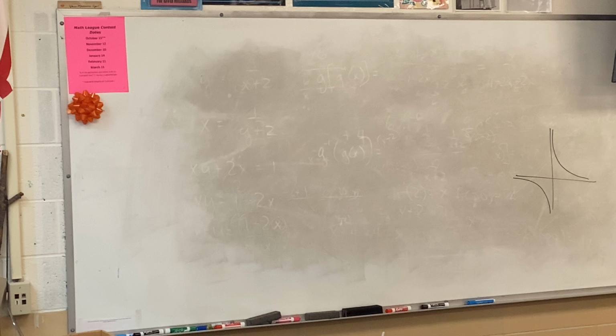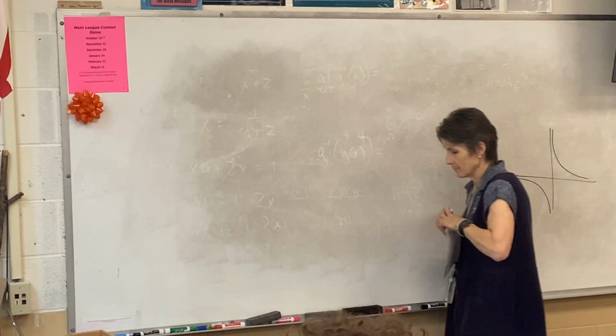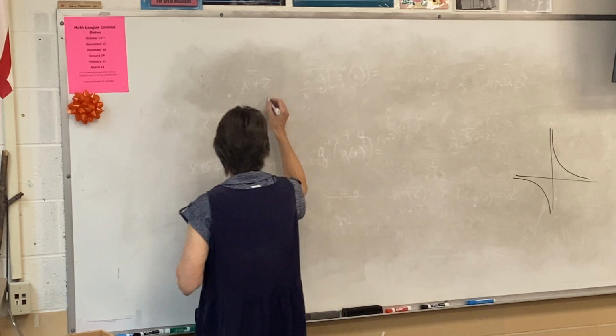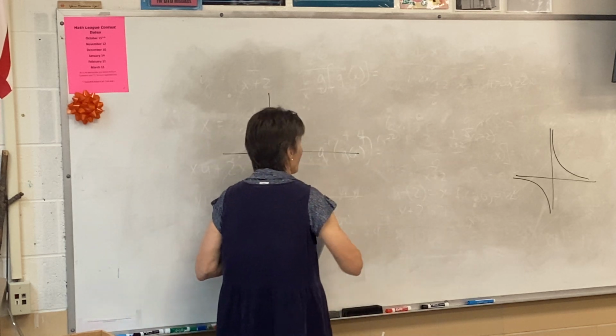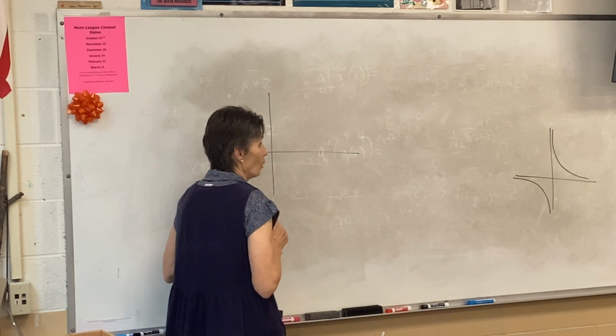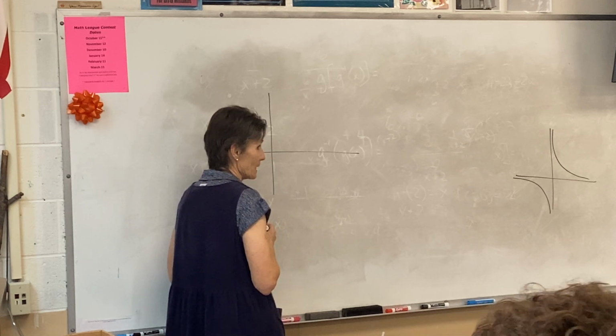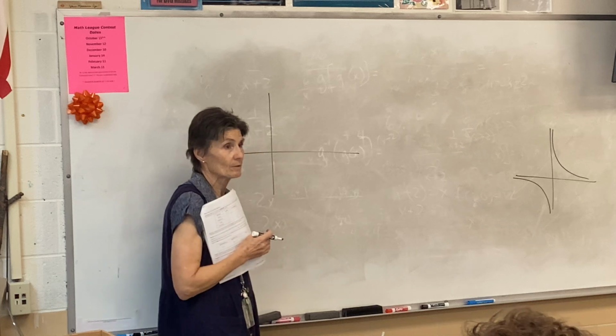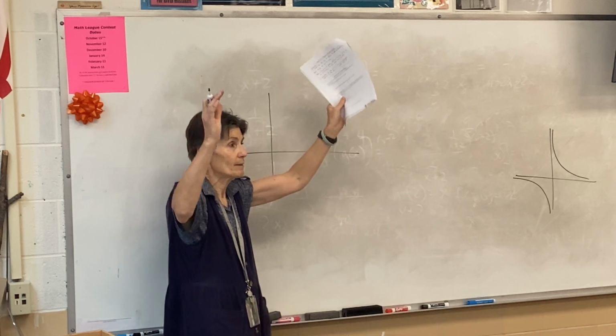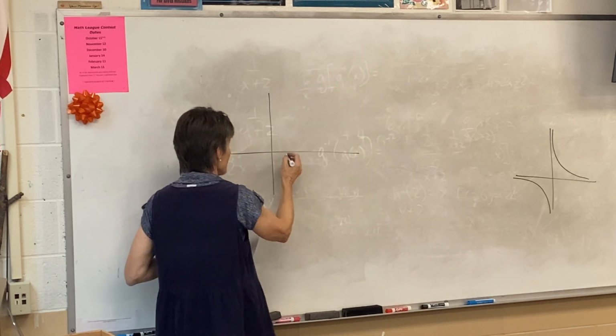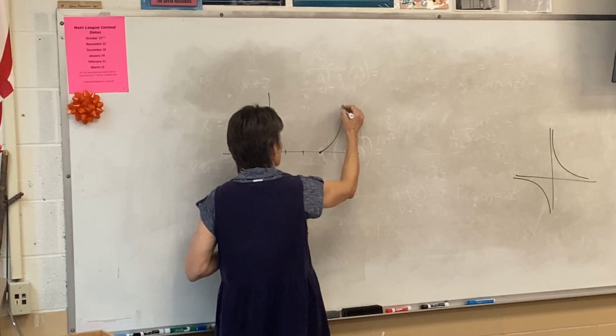What does the graph of f of x look like in number 2? What shape is that? A parabola, opening, be careful, it's opening up. It's x squared. X squared's open up. But it's positioned 3 units to the right.